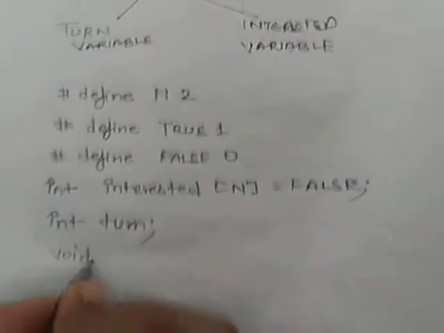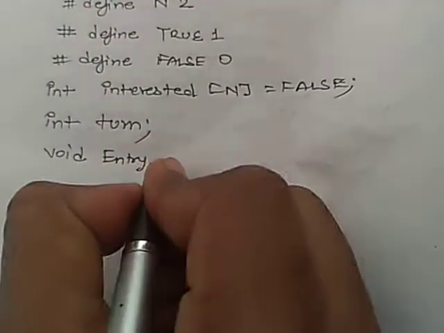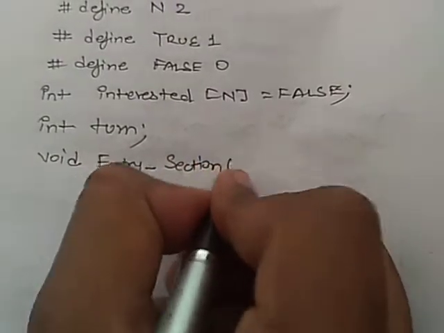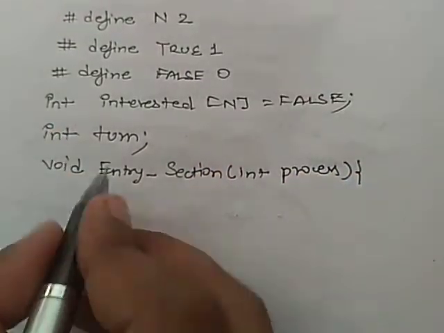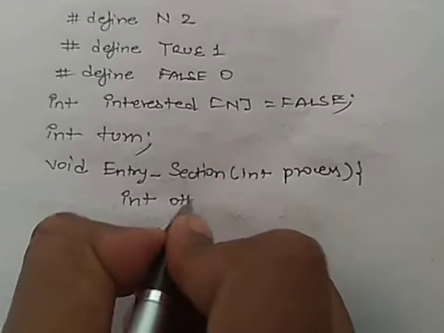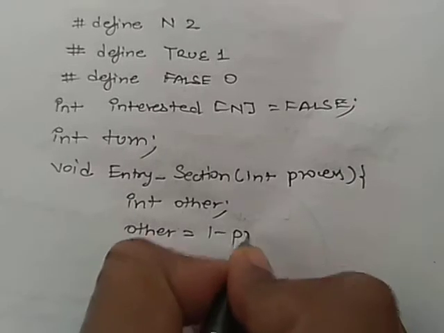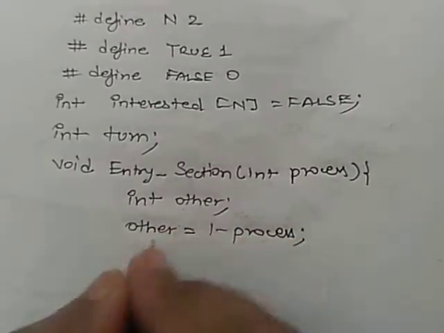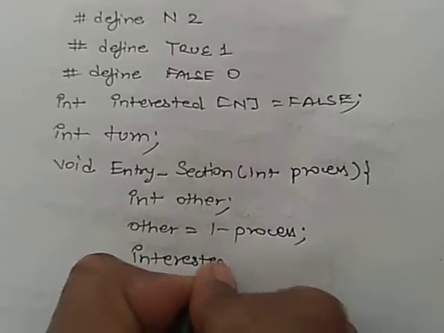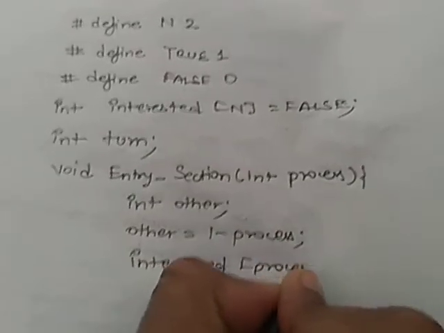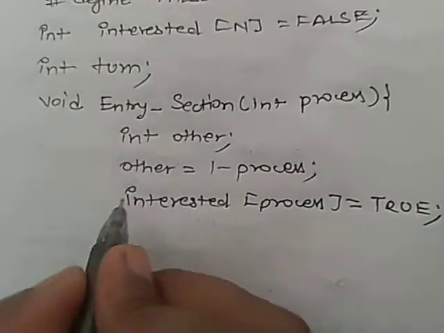Now we have defined a method named void entry_section. Inside, a process is taken, and if we get another process, then other equals 1 minus process. Now in the array we will get a true value because a process is assigned.